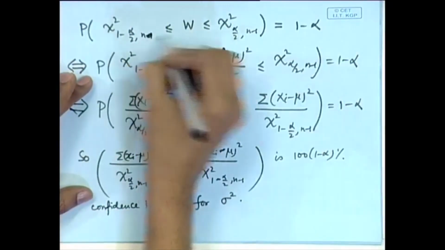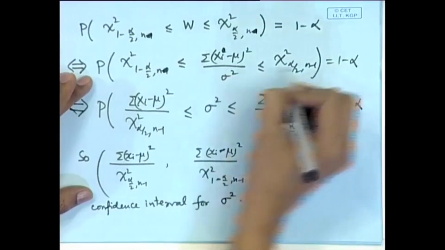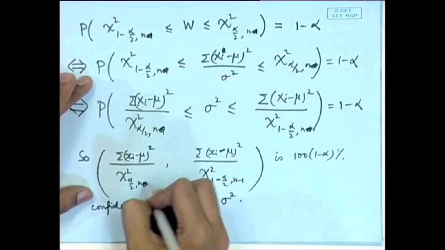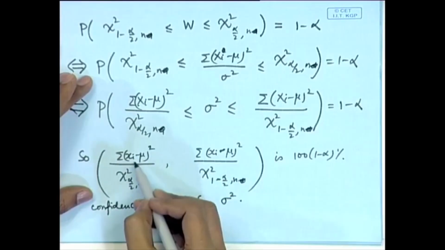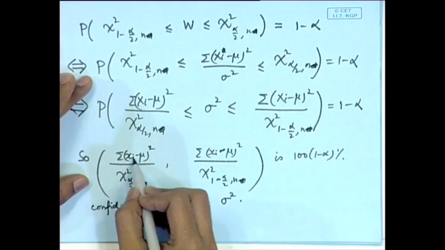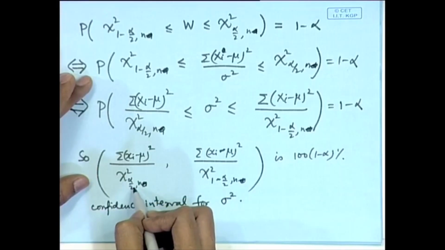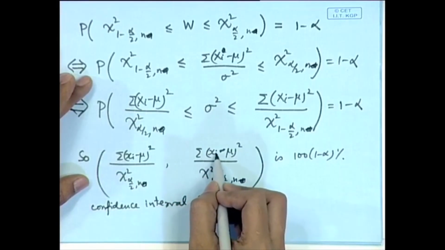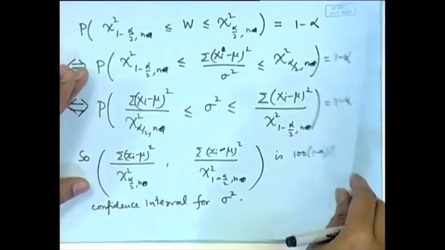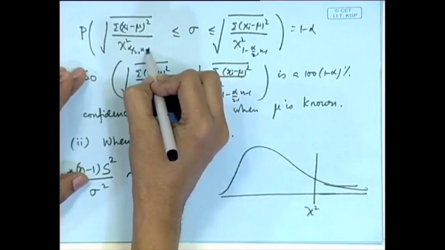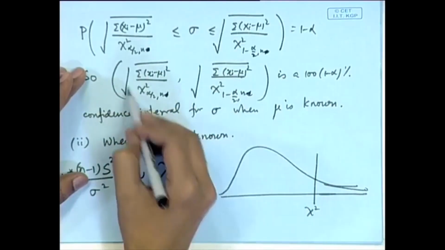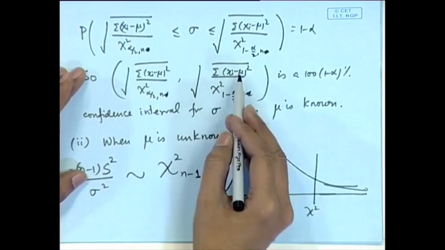So, the 100 1 minus alpha % confidence interval is sigma x i minus mu whole square by chi square alpha by 2 n to sigma x i minus mu whole square by chi square 1 minus alpha by 2 n. And likewise, when we consider sigma, then it is the square root of the upper and the lower limits here.